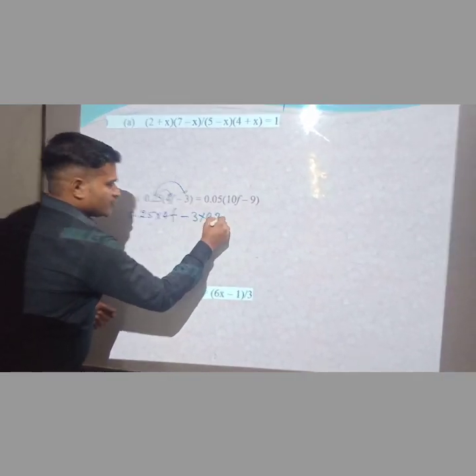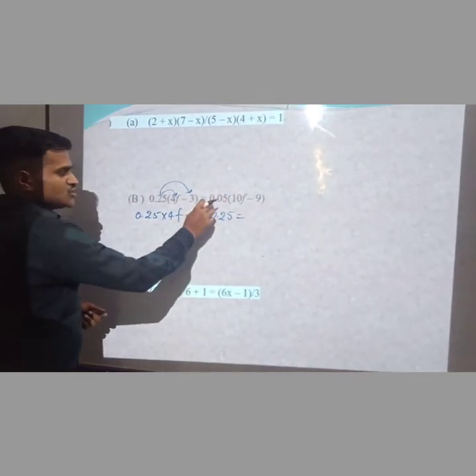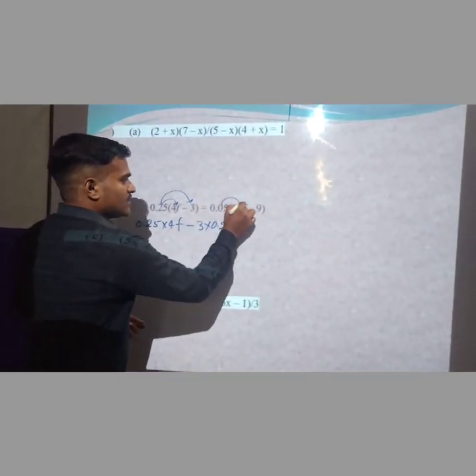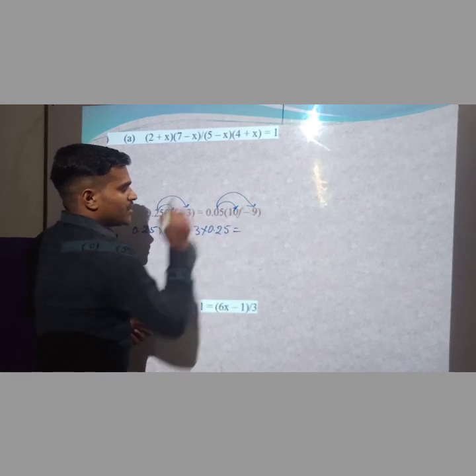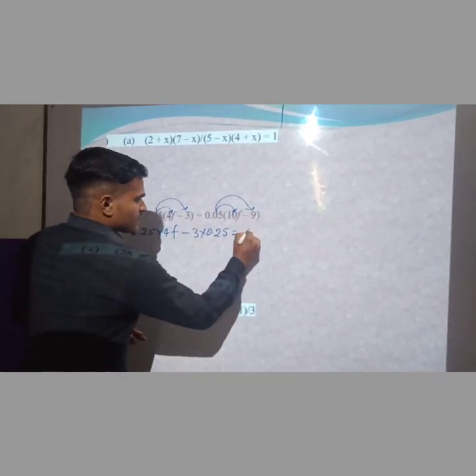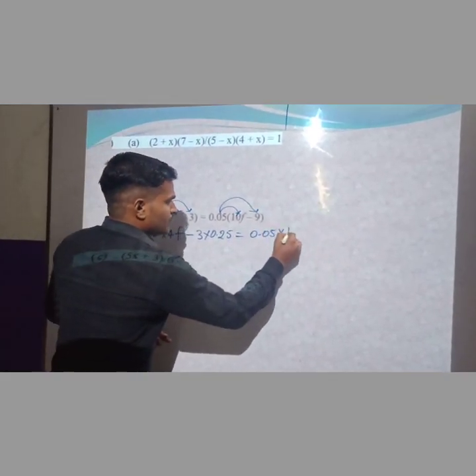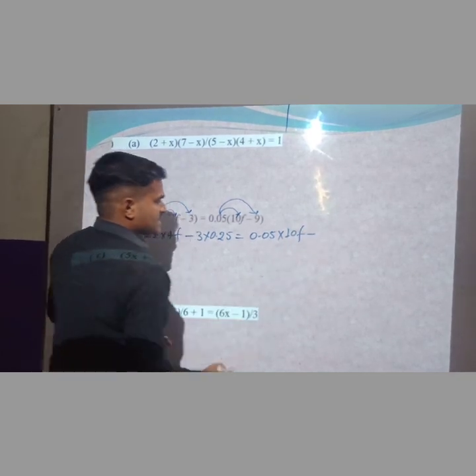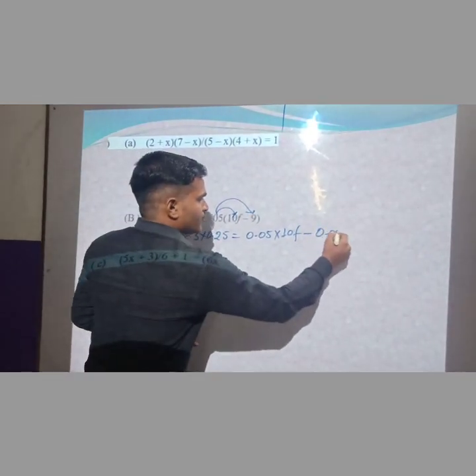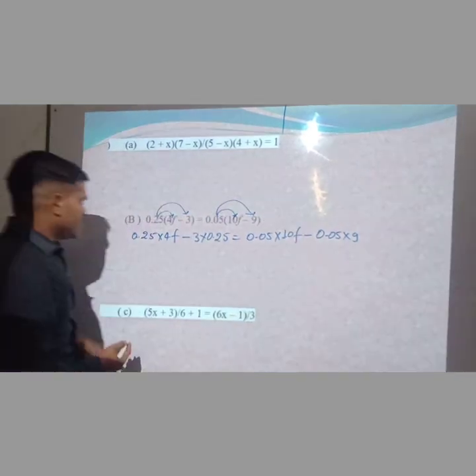On the right hand side, 0.05 is multiplied with 10f and with minus 9.